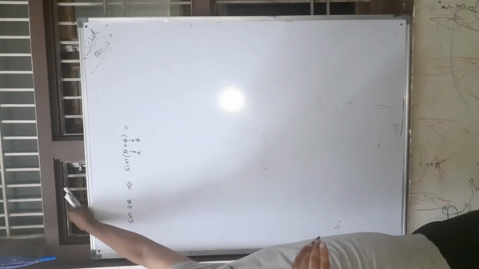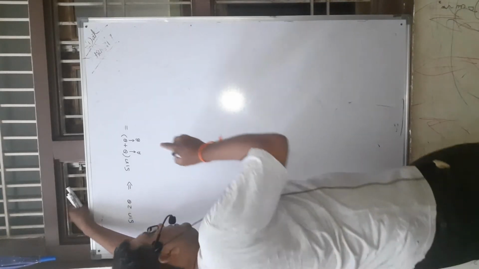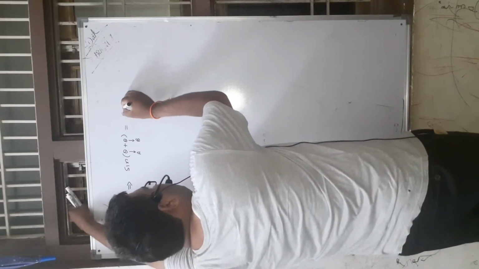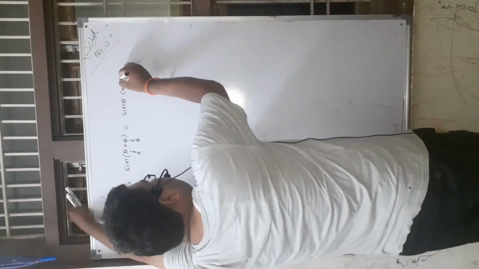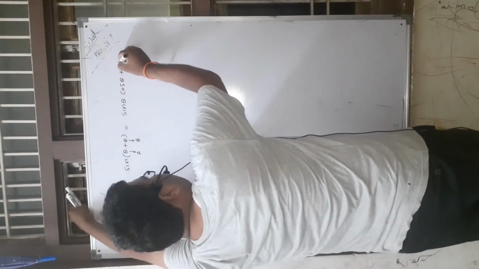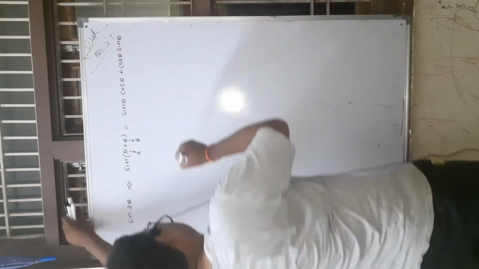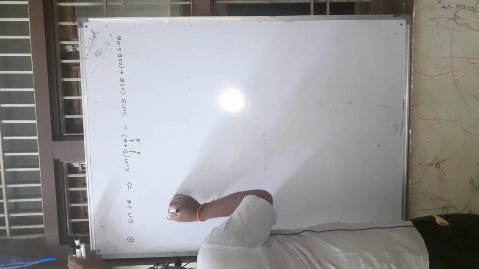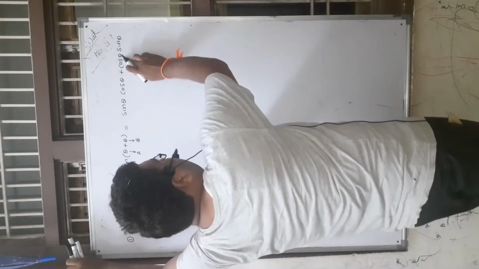What will be the value of sin(A plus B)? Sin(A plus B) is equal to sin A cos B plus cos A sin B. So we can write sin theta cos theta plus cos theta sin theta.